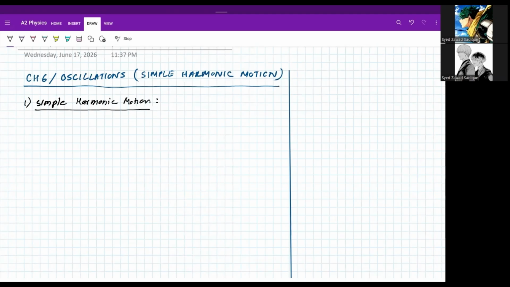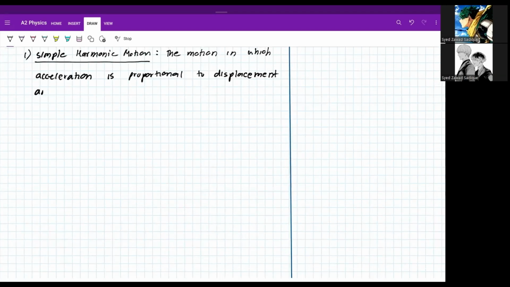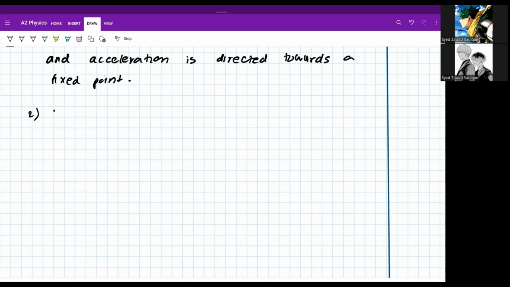Simple harmonic motion is the motion in which acceleration is proportional to displacement, and acceleration is directed towards a fixed point. That's simple harmonic motion.